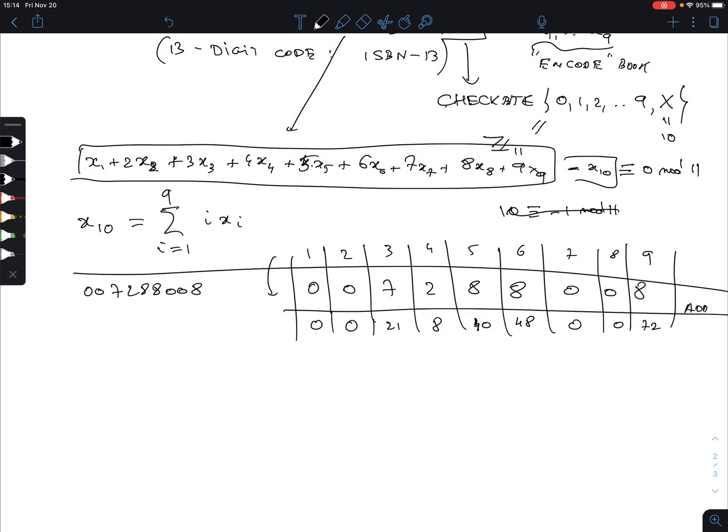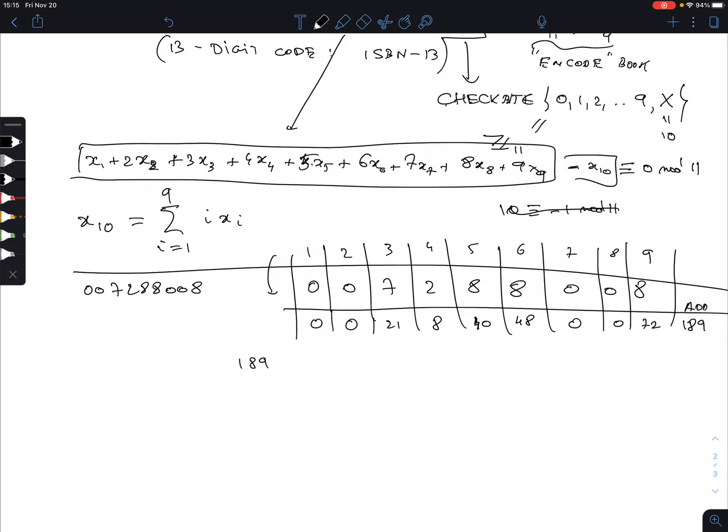So you could take residues modulo 11 here, but let's not do that. Let's just calculate it brute force, so to speak. So we have 21 plus 8 plus 40 plus 48 plus 72. I get 189.